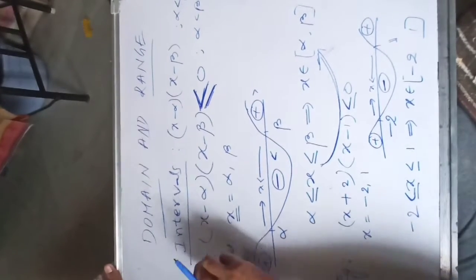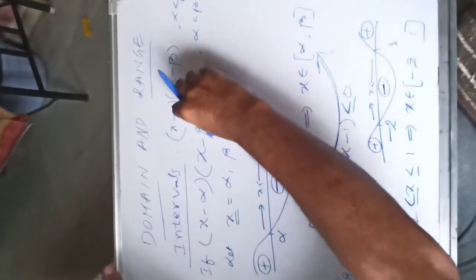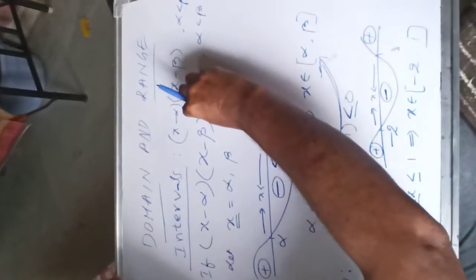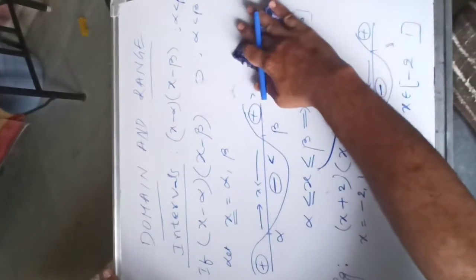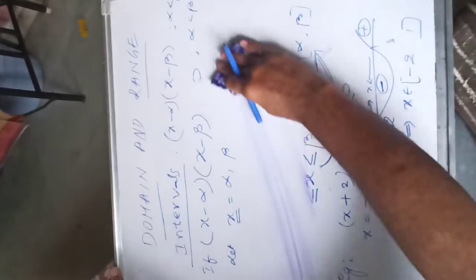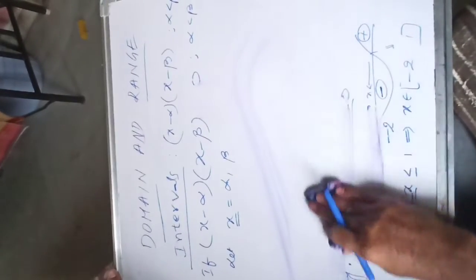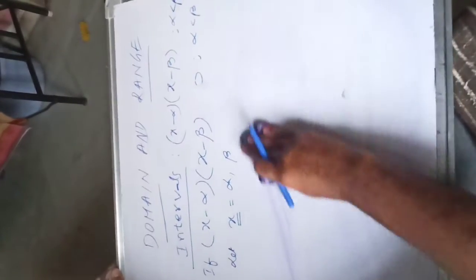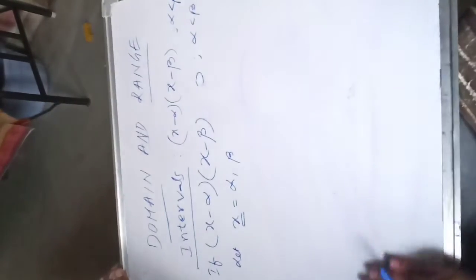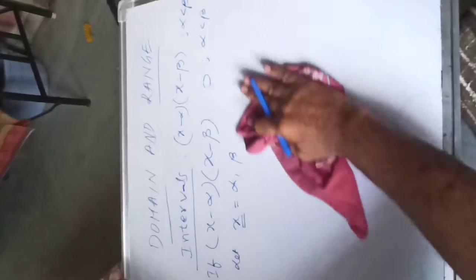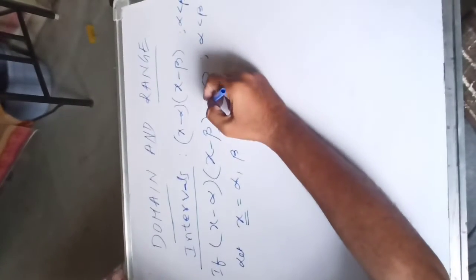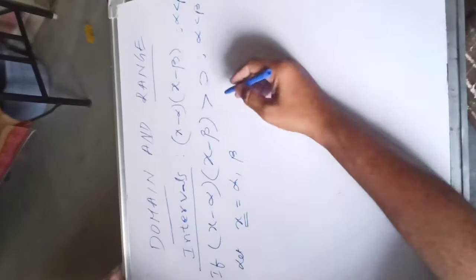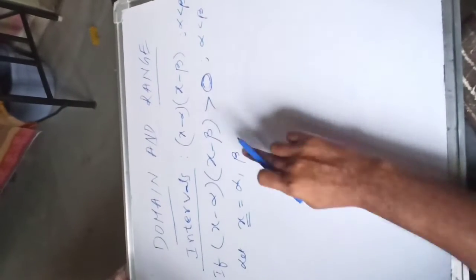Now we discuss the third case. The third case is x minus alpha into x minus beta greater than 0.